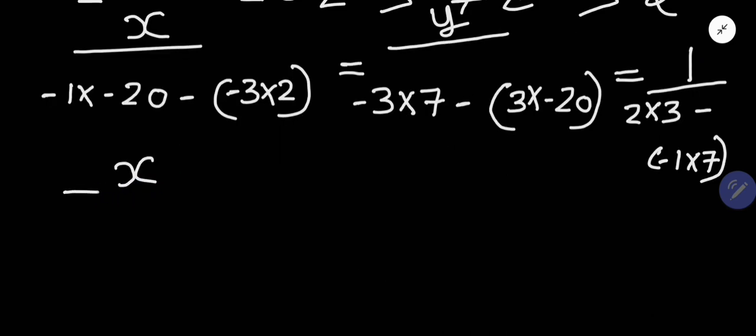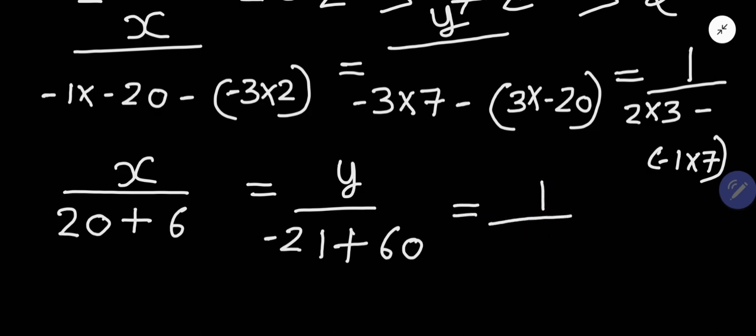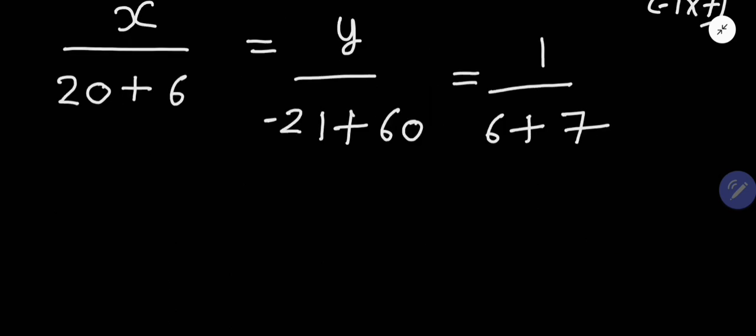So x over minus 1 into minus 20 is equal to 20 and minus 3 into 2 is minus 6, so plus 6. Y upon minus 3 into 7 is minus 21 and plus 20 into 3 is 60. 1 upon 2 into 3 is 6. So minus 1 into 7 is minus 7, so it becomes 6 plus 7.